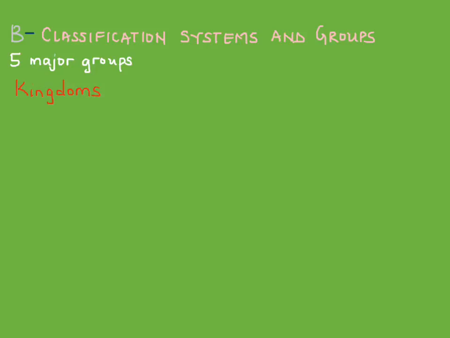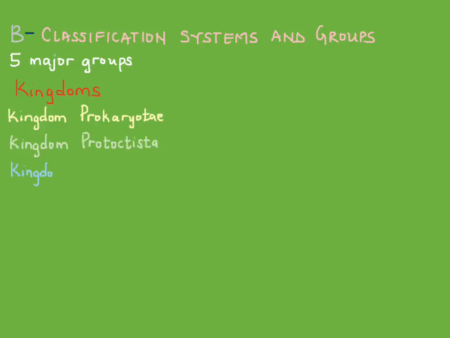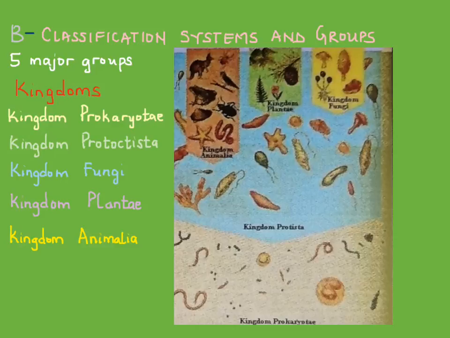These kingdoms are Kingdom Prokaryote, Kingdom Protoctista, Kingdom Fungi, Kingdom Plantae, and Kingdom Animalia.